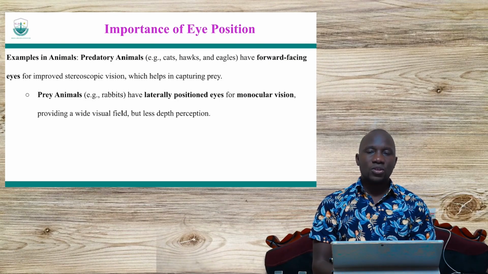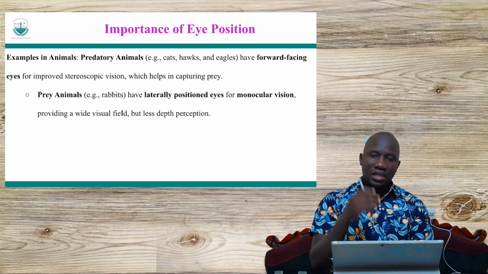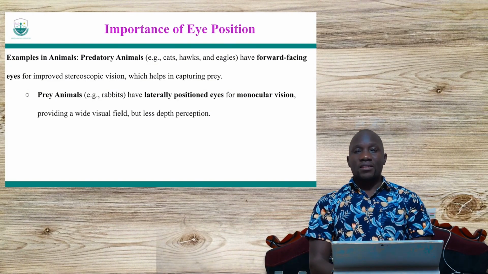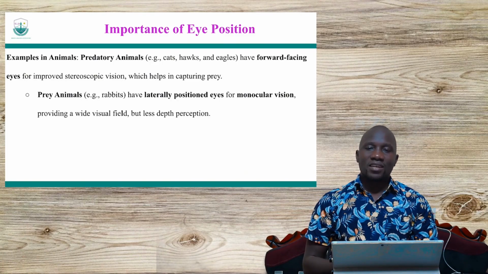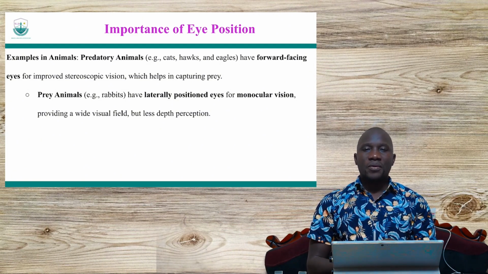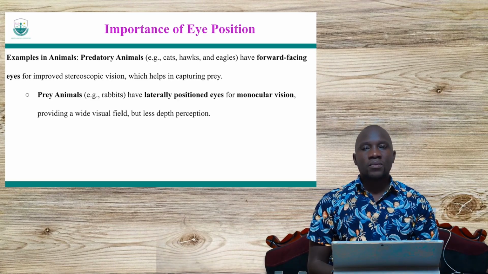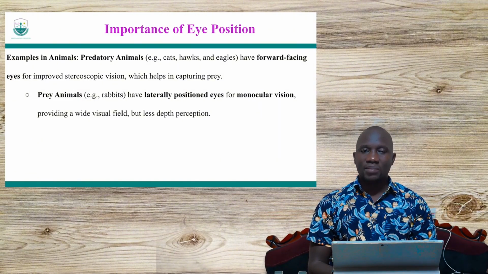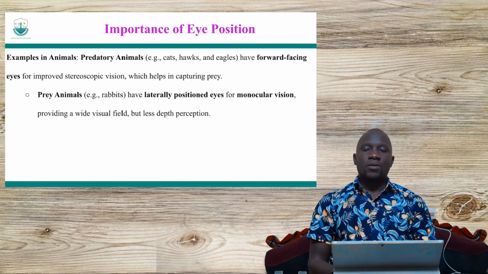Depth perception is what I've just explained, when you need to judge whether a distance is okay or not. You can't decide to jump from the top of a building because your eyes are saying that it is a short distance. So the rabbits have that disadvantage in that they cannot properly determine the depth. Their depth perception is limited because of the monocular vision.